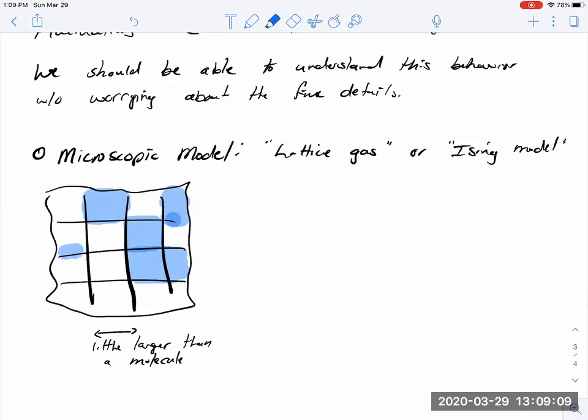So let me fill in some of these cells, which will be liquid-like cells, and leave some cells empty, which are going to be vapor-like cells. Let's go and label these. So that filled-in cell has a liquid-like density.